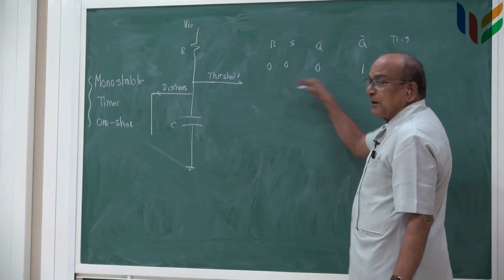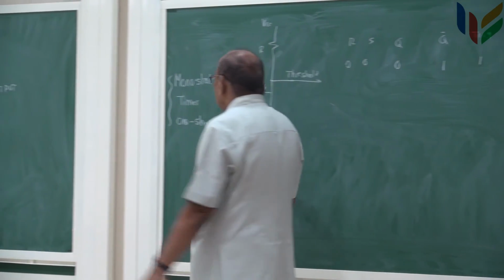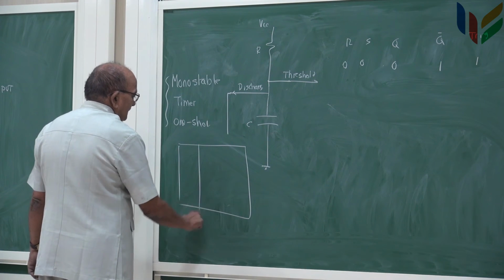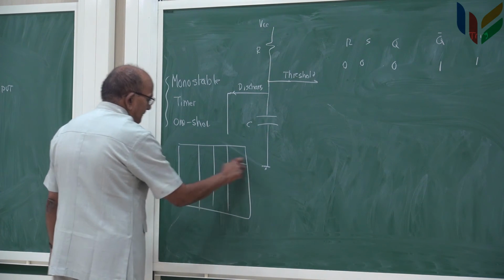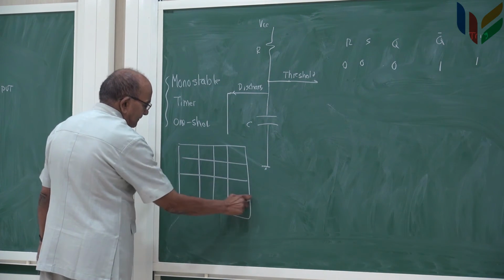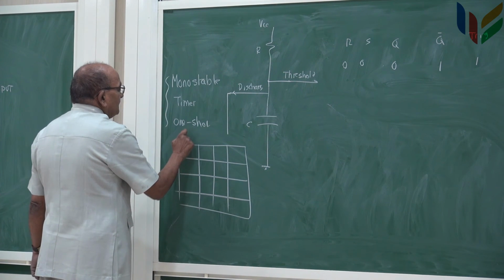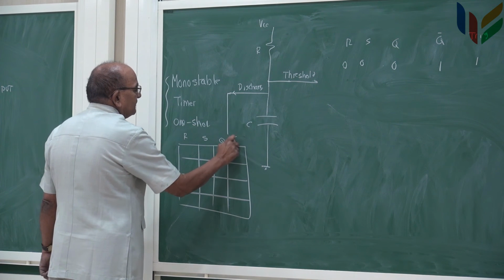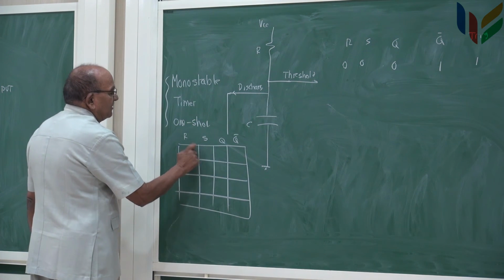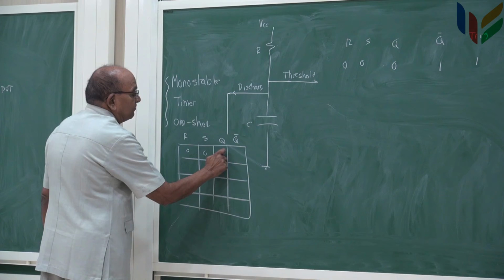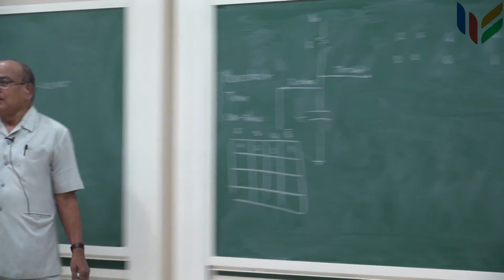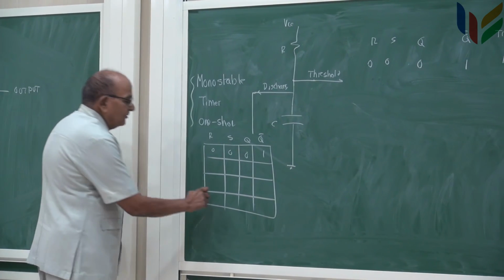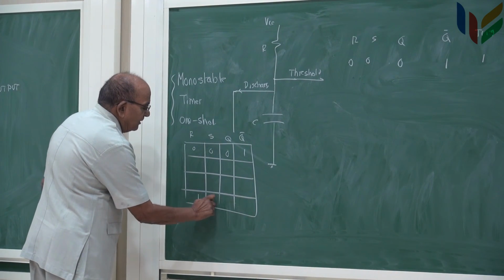So this is perfectly justified for the RS flip-flop. If RS is 0, this is the flip-flop. If RS is 1, 1, it is not allowed.